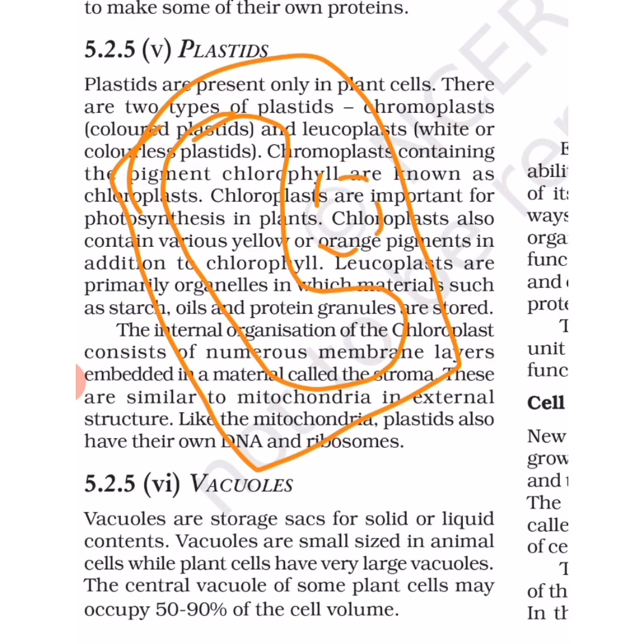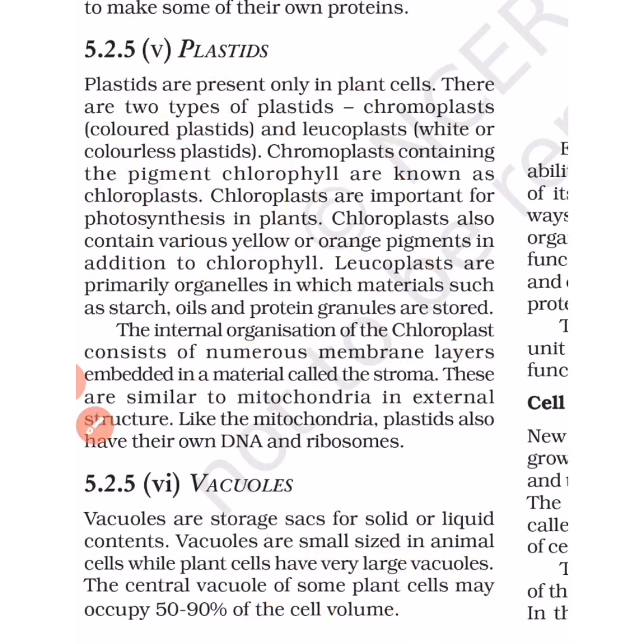That is why the nucleus is eccentric in plant cells. Whereas in the animal cell, the nucleus is in the center, and the vacuoles are small in size and numerous in number, right? So this you have to remember as the difference.